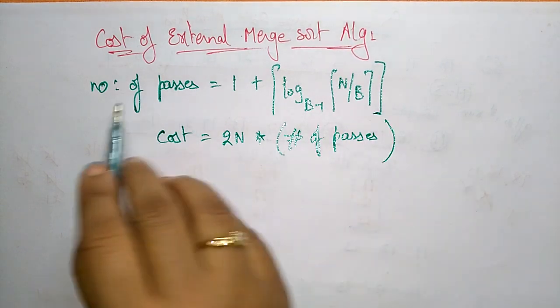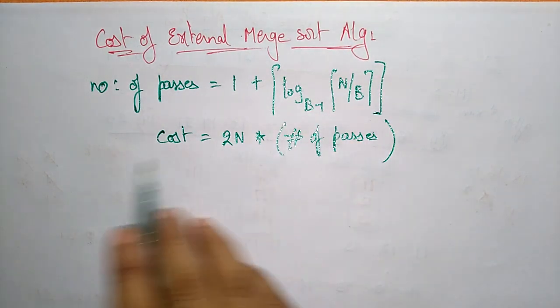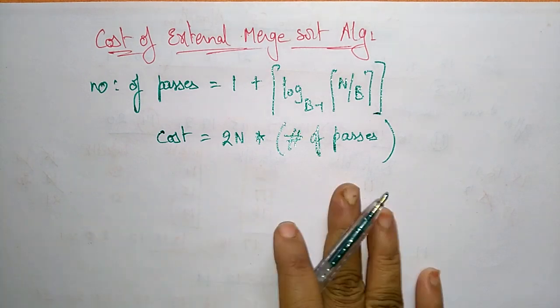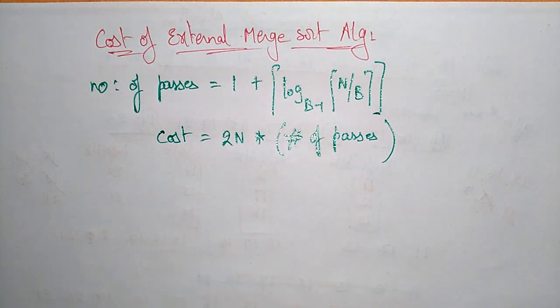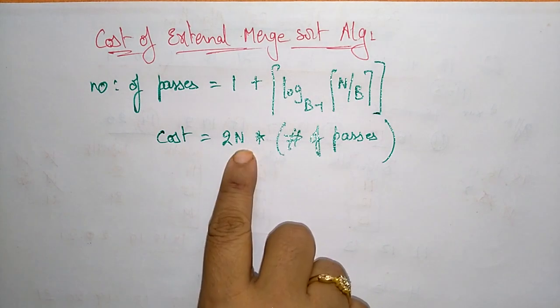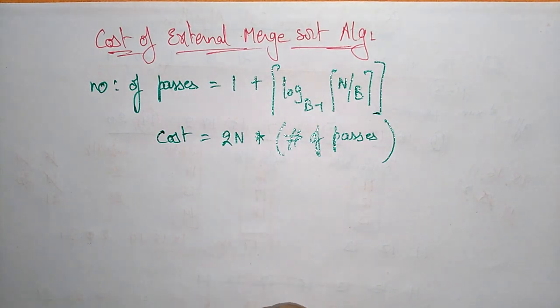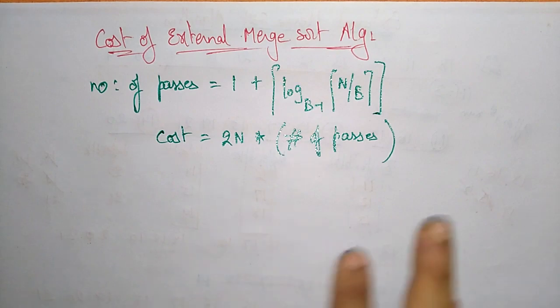So if you find the number of passes, then you will get the cost of the external merge sort. Here N is nothing but the number of pages that you are using, and B is nothing but the buffer, the size of your buffer.